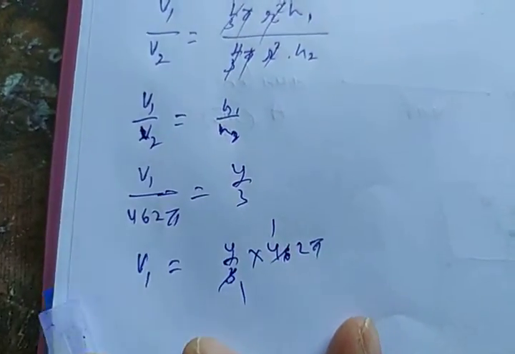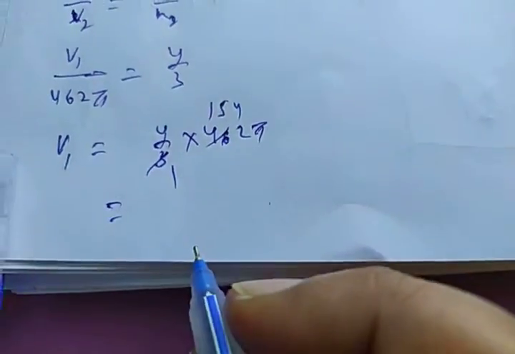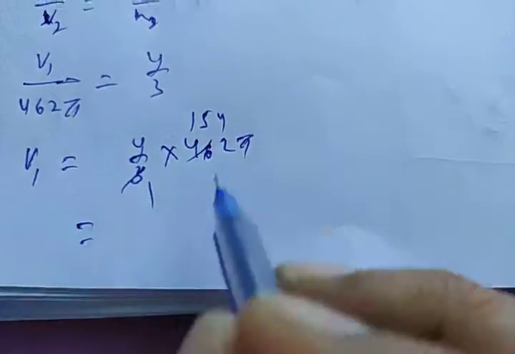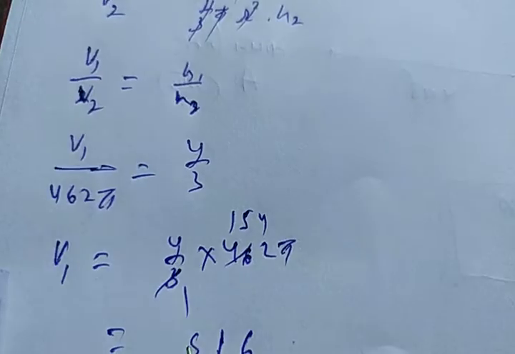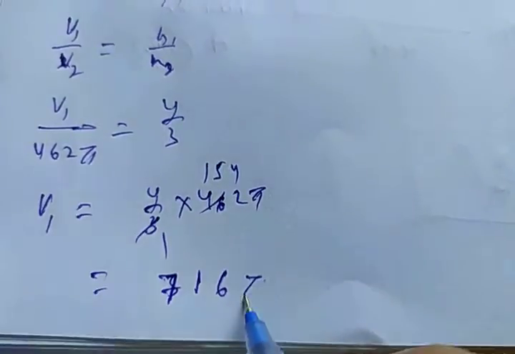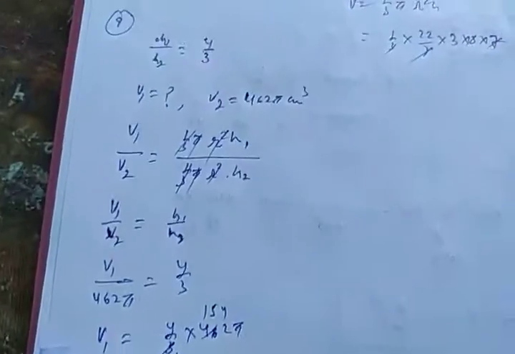Just a moment, I am telling you. 3 ones are 3, 1, 3 fives are 15, 3 fours are 12. This will be 616 pi centimeter cube. This will be the answer.